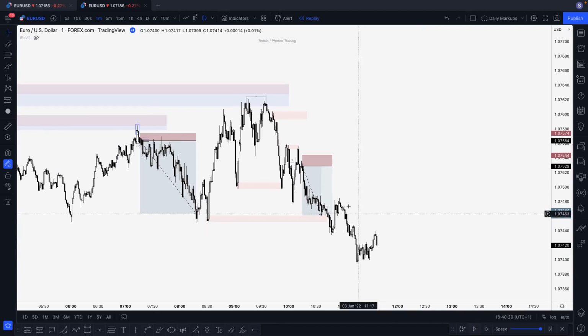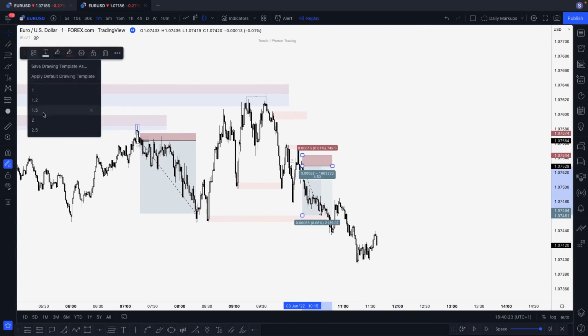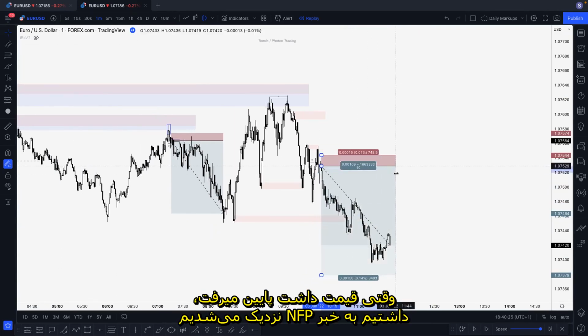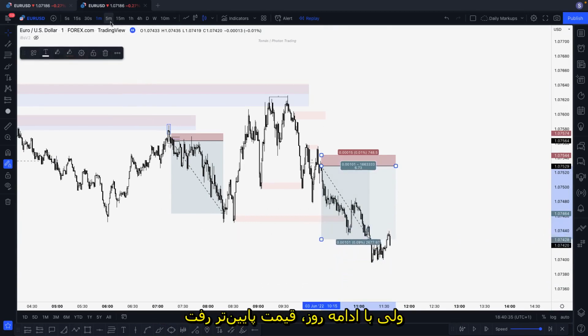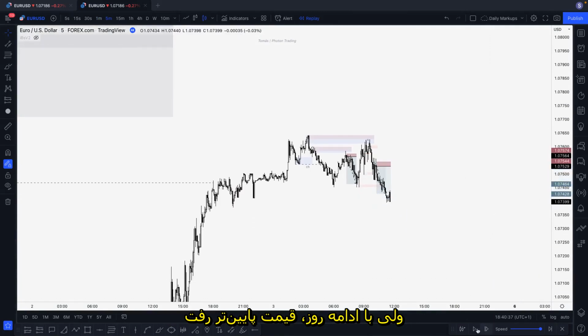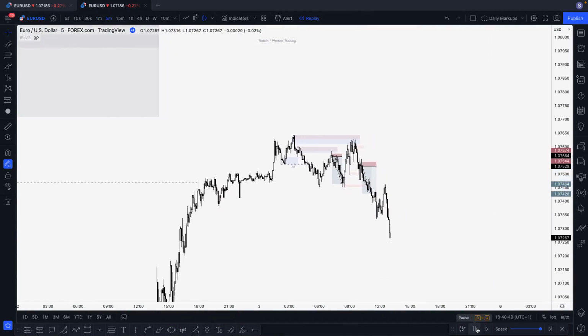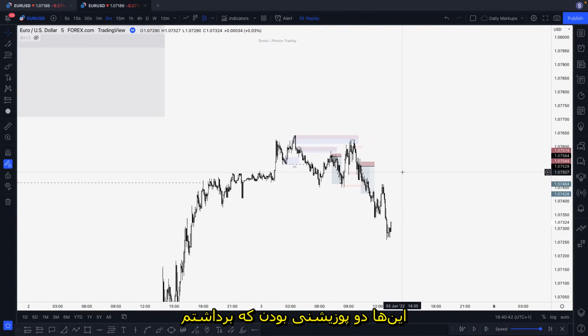Let me just put 1.5. When price was moving to the downside, we were approaching NFP, so I closed something around this, I think it was 7 or 6 point something, but in the end of the day, price continued to the downside. Yeah, those were my two positions.